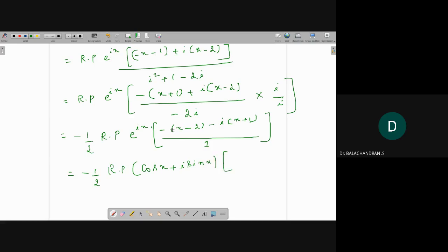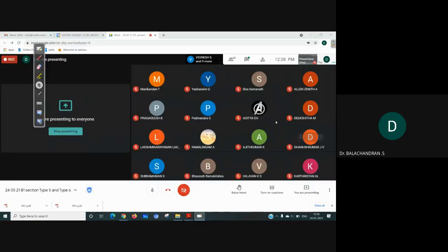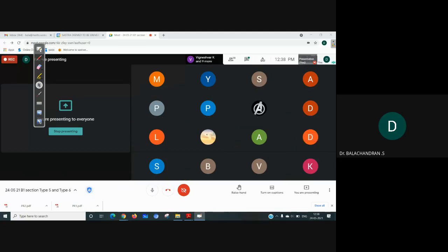into, I think we can take this minus sign out. So plus 1 by 2 into x minus 2 plus I into x plus 1. Okay, so now Lakshmi Narayanan, tell the final answer.